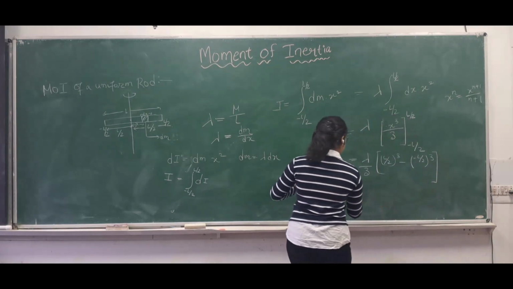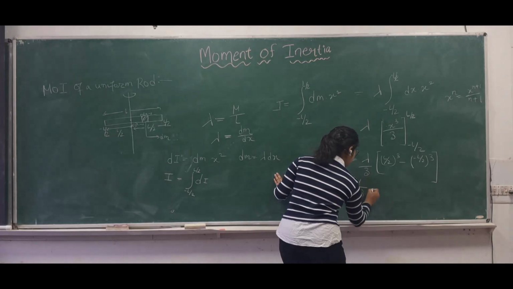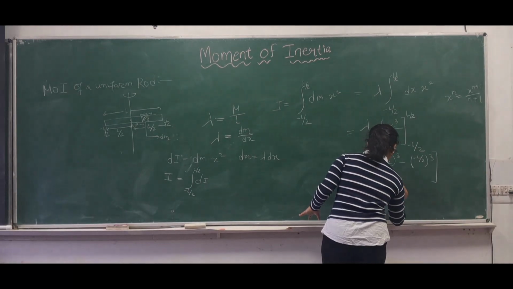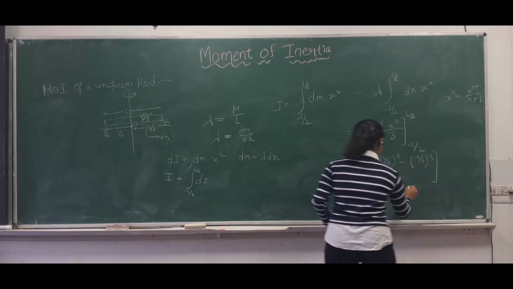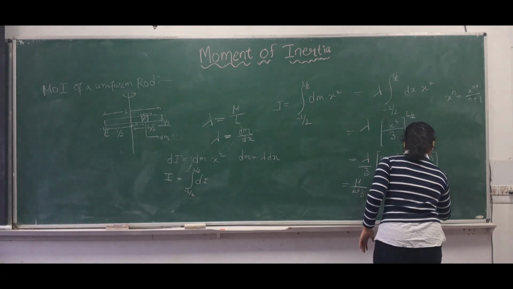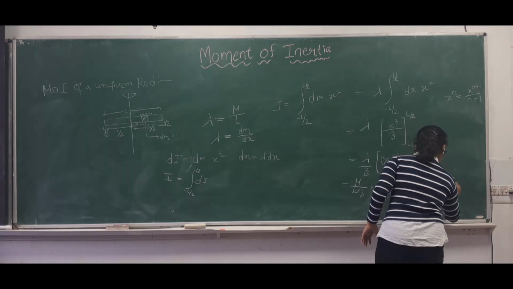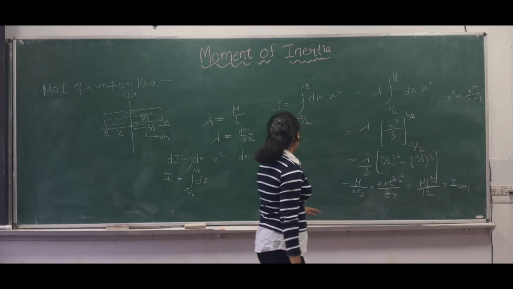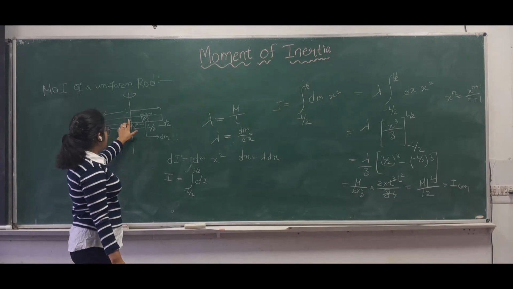Here put the value of lambda, M by L, and we get M L square by 12, the moment of inertia of this rod while the axis of rotation passes through the center of mass.